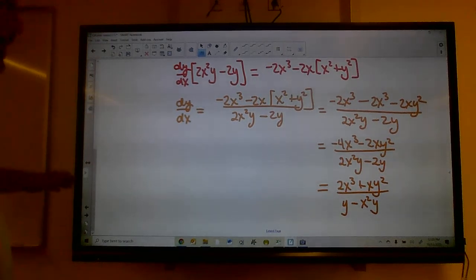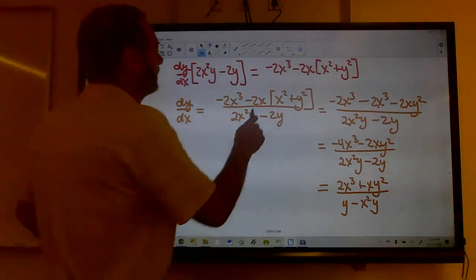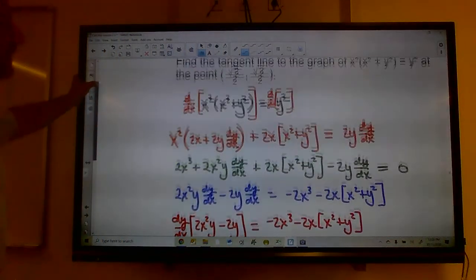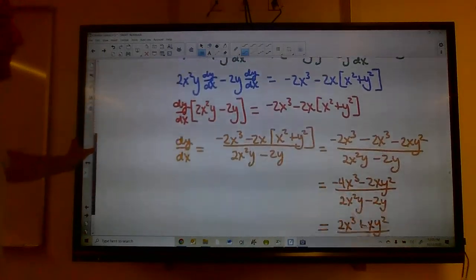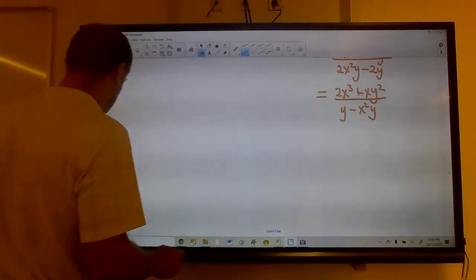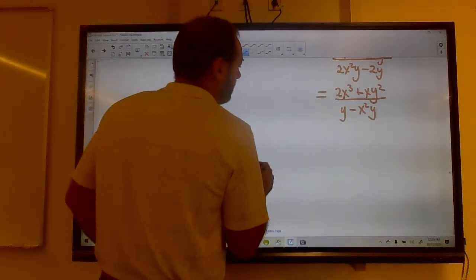Now, the next part is we need to find out what the slope is at square root of 2 over 2, square root of 2 over 2. So I need to plug that in to this equation right here.